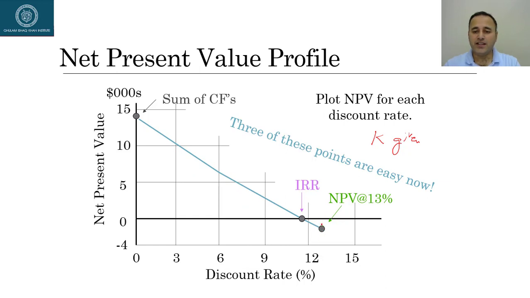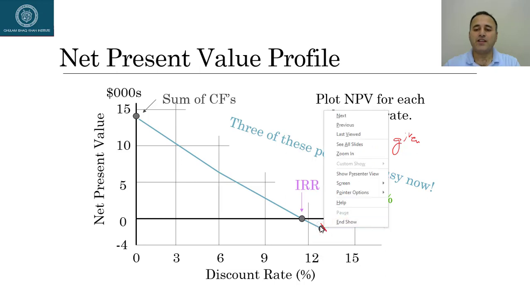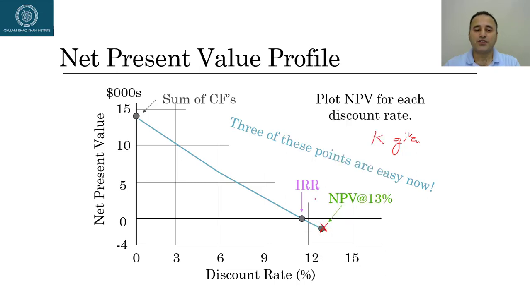Anything less than the hurdle rate, of course, results in a negative NPV, and those projects are rejected. IRR, by definition, is that discount rate at which the net present value, which is actually the y-axis, is 0. So the rate at which the net present value of a project is 0, that rate is called IRR.